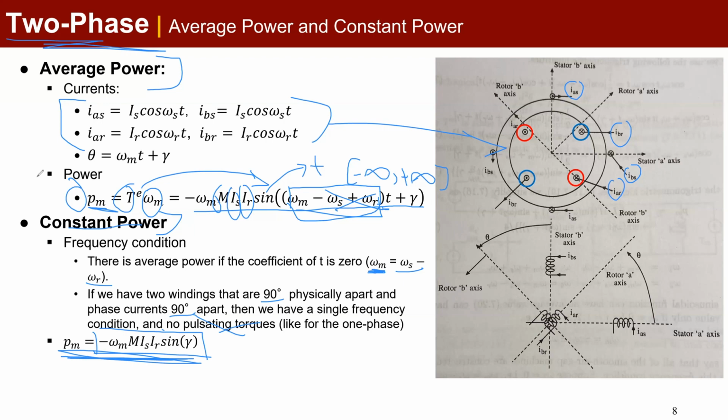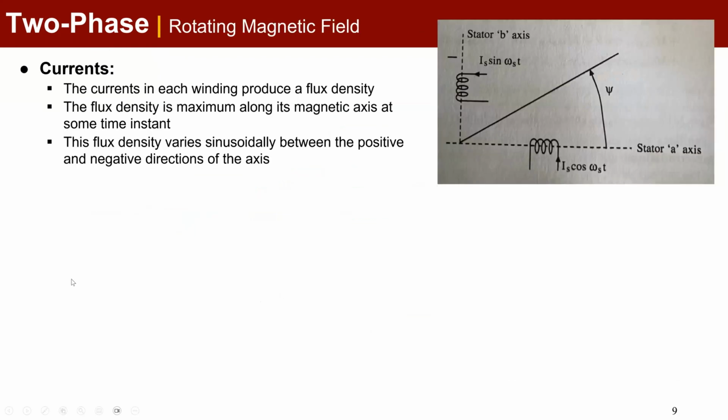Okay, moving forward, let's also look at what a rotating magnetic field looks like. With these currents in each of these windings, they're producing a flux density. And so this flux density is going to vary with respect to time. We have these time equations here.